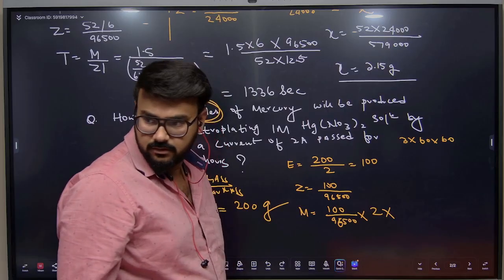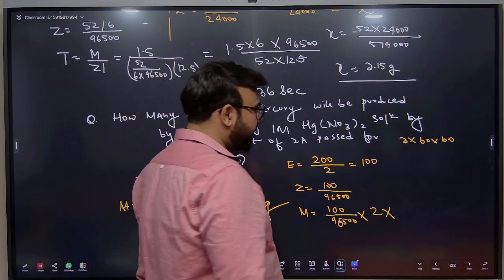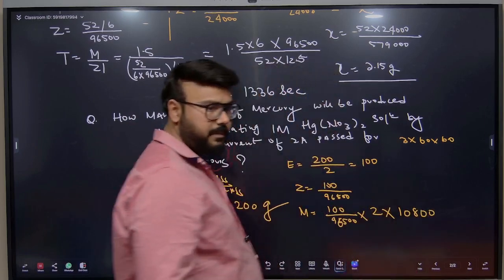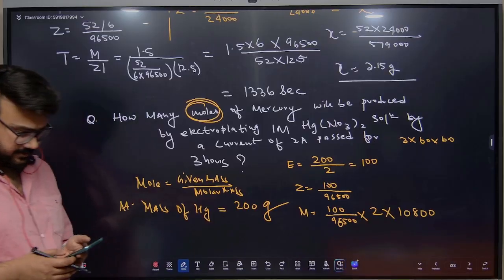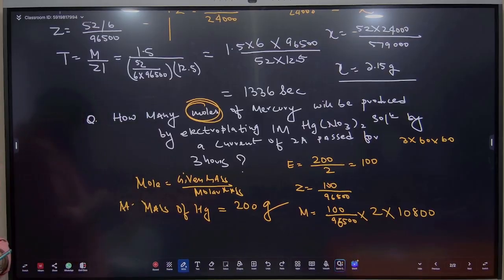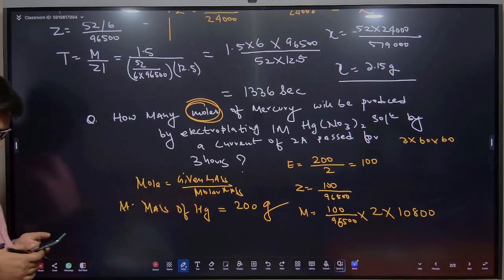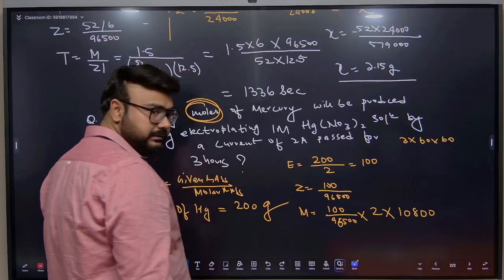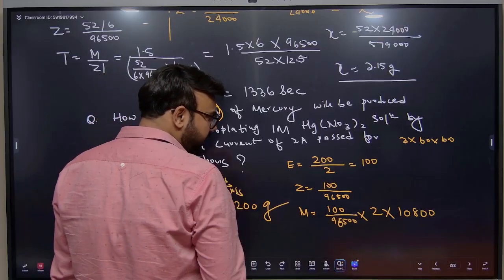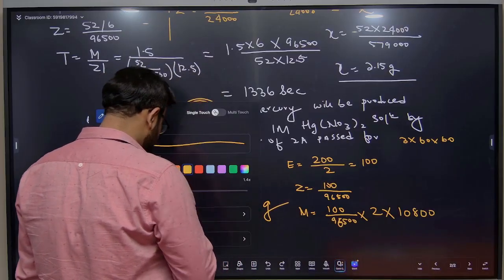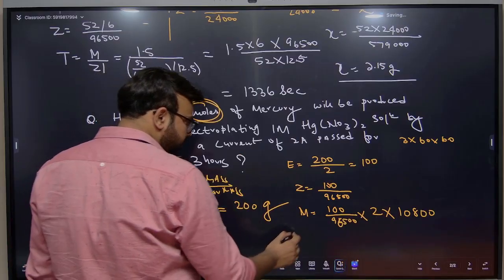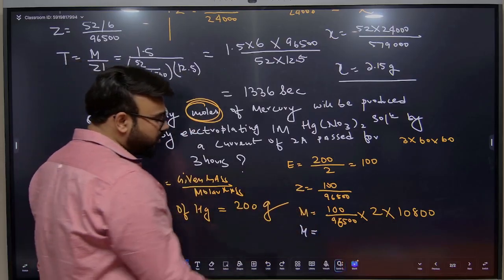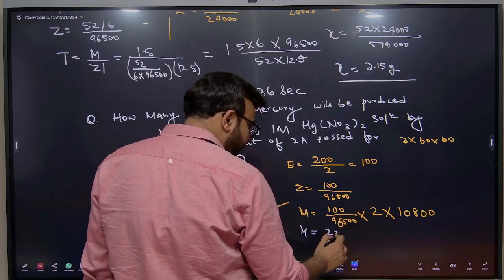How much will it be? 10800, right? That's correct. 22.45 you should be getting. So solve this now, you will get the answer. I think you have made a calculation mistake. When you solve this, you should be getting 22.45.